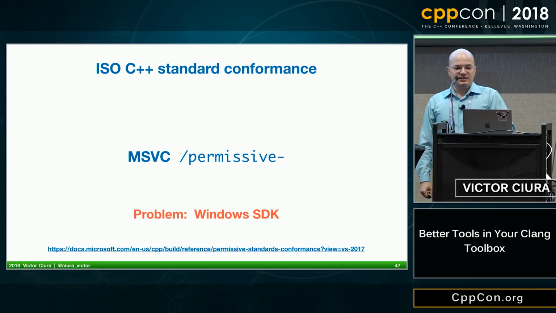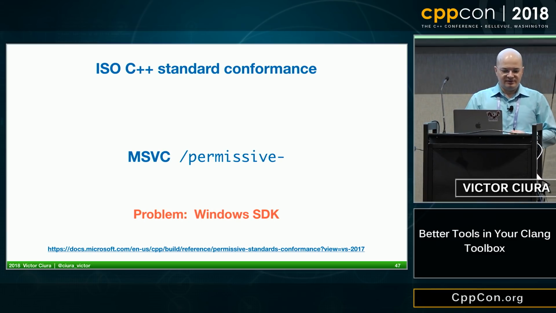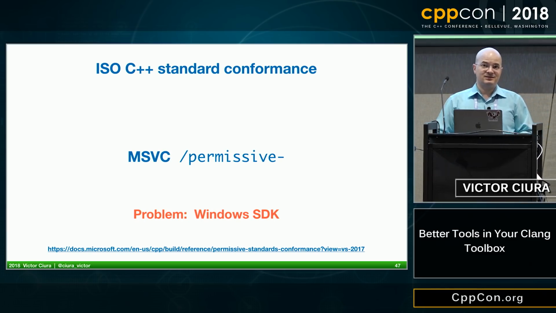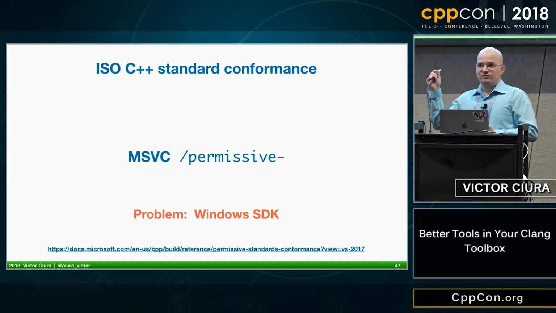So basically, flipping on permissive minus gives you the ability to access most of the C++ 17 modern features in the compiler, but still in a Microsoft compatible way. So permissive minus disables all non-standard extensions in the Microsoft compiler.